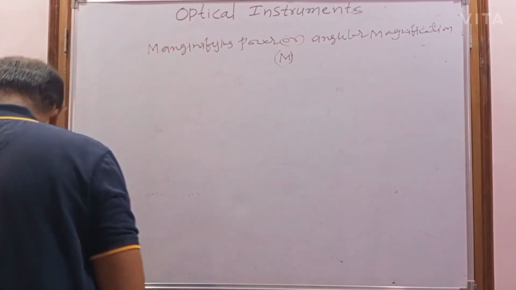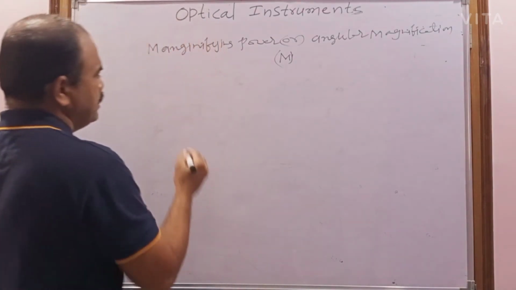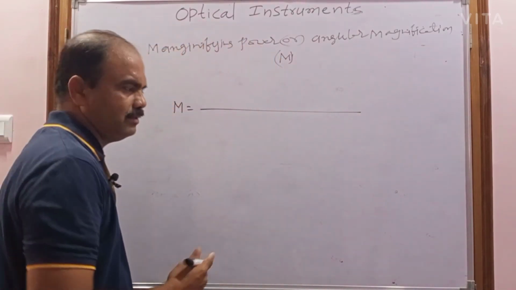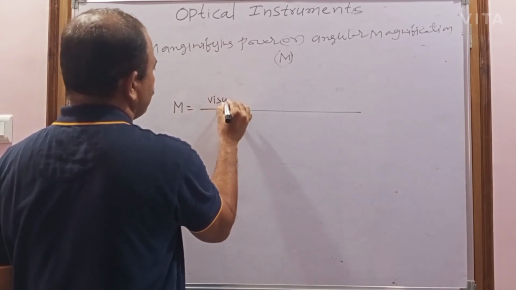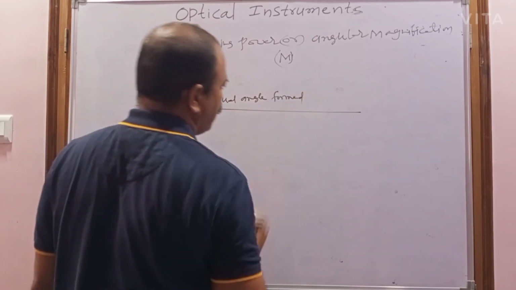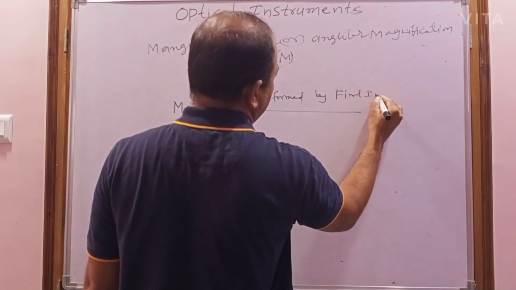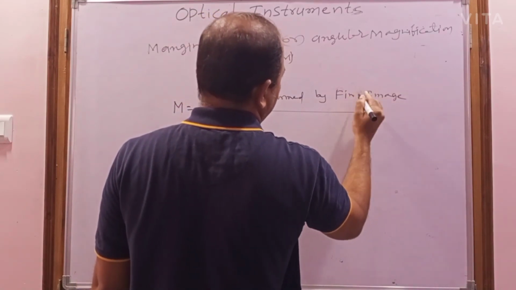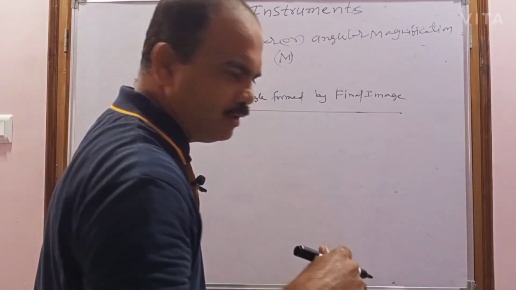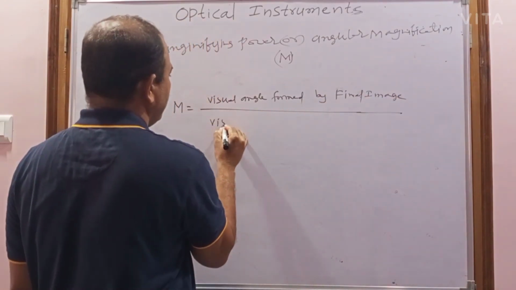Next I am going to explain the magnifying power or angular magnification. It is the ratio of the visual angles: the visual angle formed by the final image to the visual angle formed by the object kept at D. In an optical instrument, two or three images may be formed, but we take the visual angle formed by the final image.